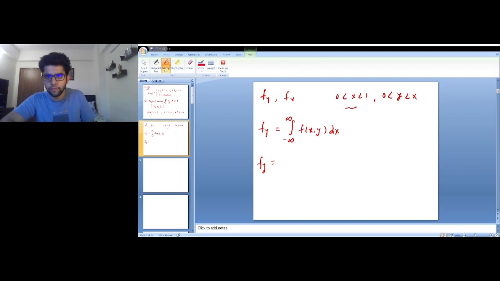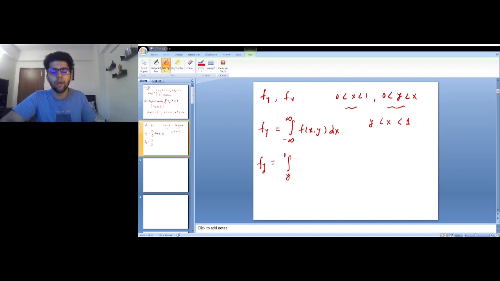So from this and this, can I conclude that x lies between y and 1? Because see, x is always greater than y. X is always greater than y. And x is less than 1, right? So can I write the limits of x as x lying between y and 1? I can.